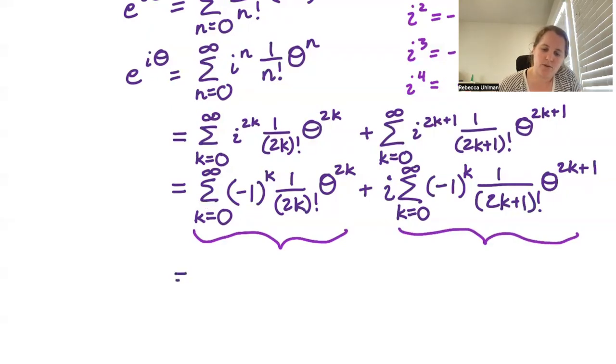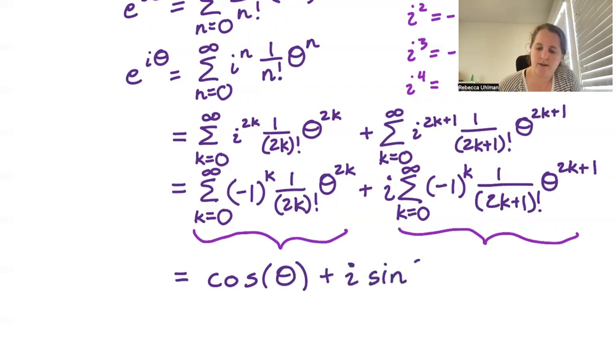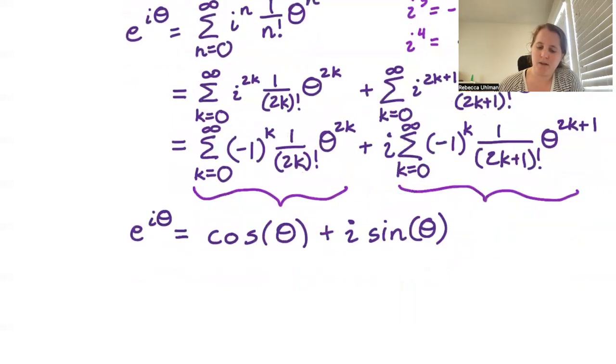So this is equal to cosine of theta plus i times sine of theta. So this is extremely useful for us. We now have that e to the i theta is just cosine theta plus i sine theta.